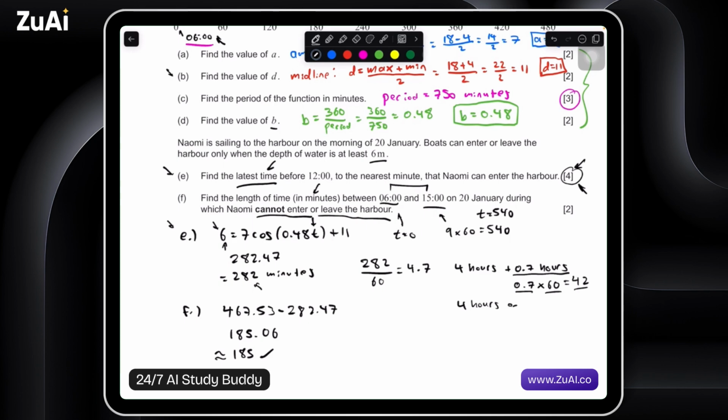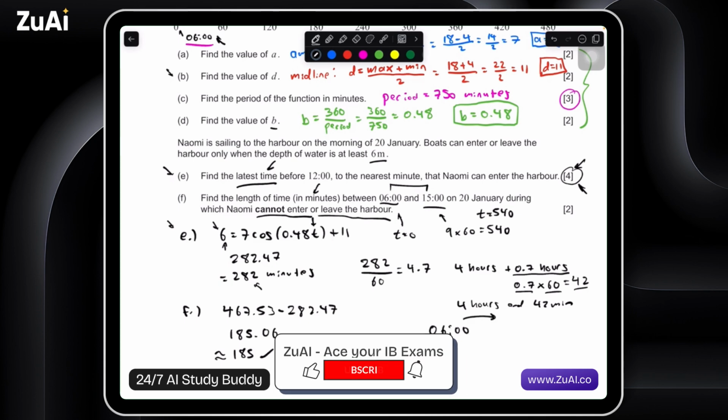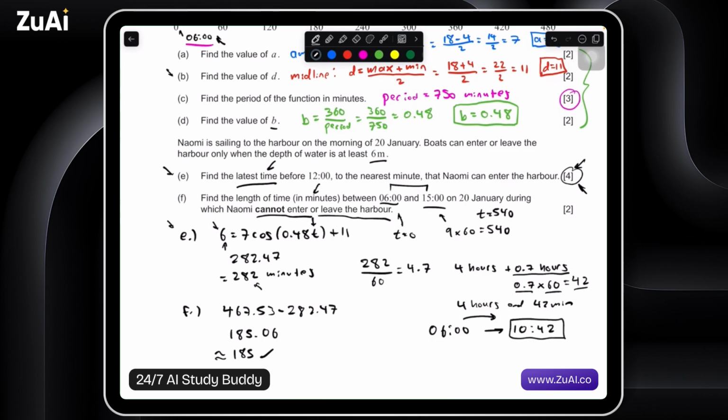So 4 hours and 42 minutes. If we start at 6 in the morning, and we go 4 hours and 42 minutes, 6 hours plus 4 hours gives us 10, and then 10:42. That would be the latest time that Naomi can enter. Sorry about that, I had missed that on first read.